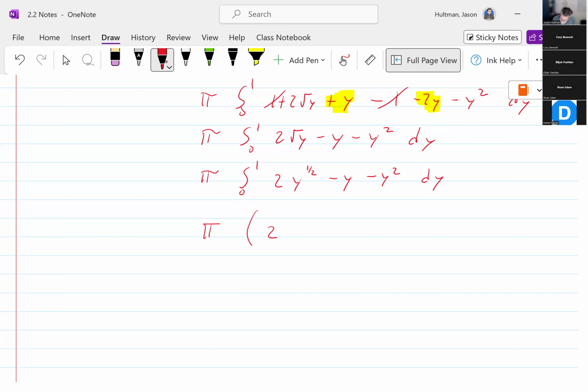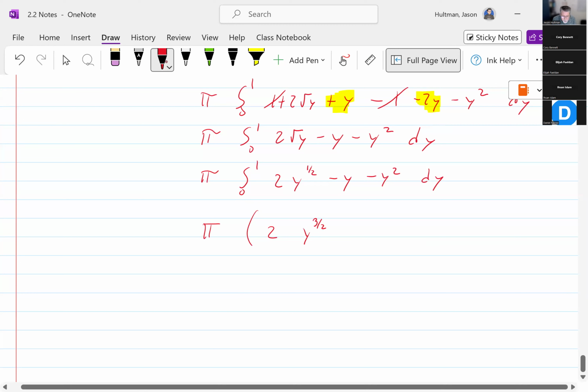Thank you, Daniel. So it's y to the 3/2. Then what am I going to put in front of that? 2/3. Thank you, Corey. Then minus y squared over 2 minus y cubed over 3, all evaluated from 0 to 1.